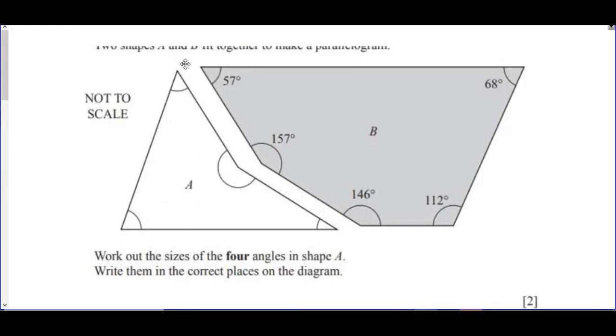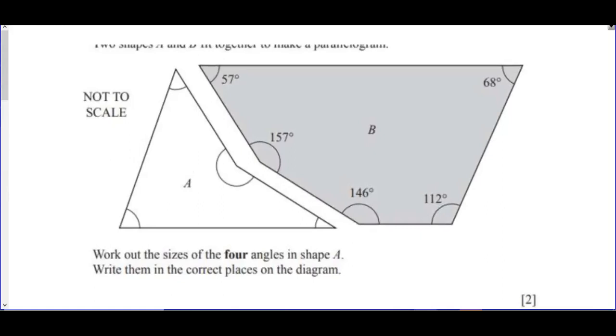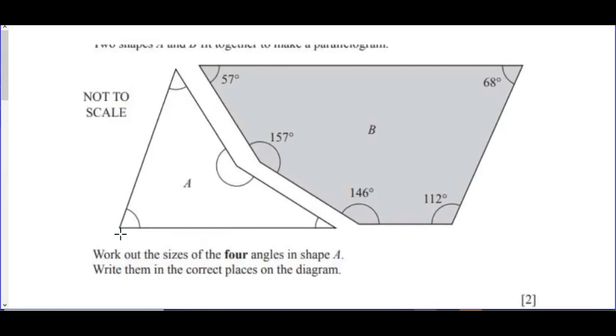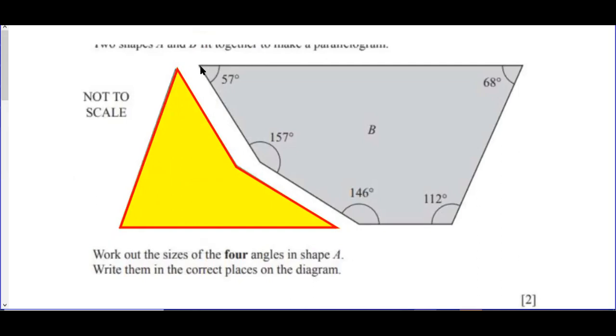So, two shapes A and B. We are given the two shapes here. Perhaps let me try to label them so that we can see them clearly. We have shape A, which is looking like this. And we have shape B, which is looking like this.